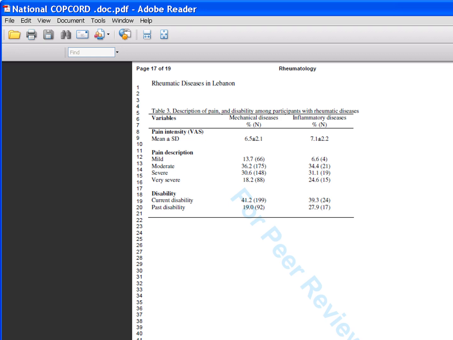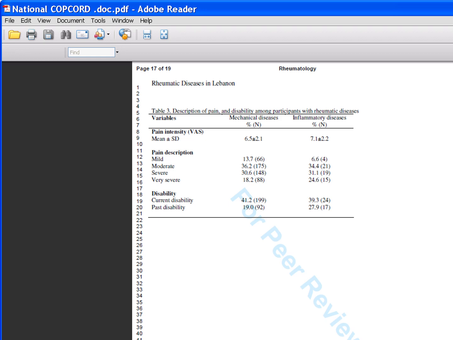This is another one that's descriptive, that is also portraying the pain intensity and disability among participants with rheumatic diseases, specifically looking at the proportion who reported pain, the intensity of pain, whether they have disability, and stratified by mechanical diseases versus inflammatory diseases.